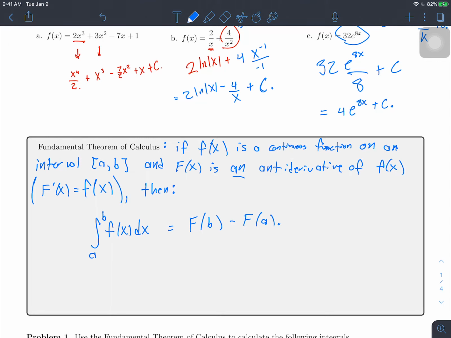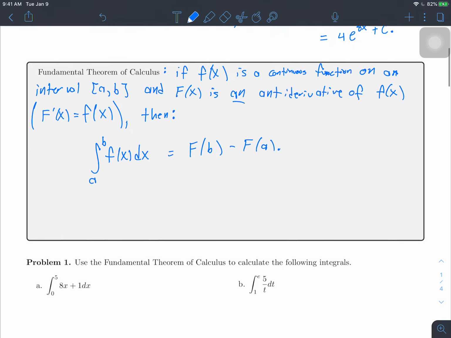Okay, so what is this saying? This is saying we can find the area under the curve from a to b by just finding some antiderivative for little f, plugging in b and a and subtracting, and then we're done. We just get the answer.